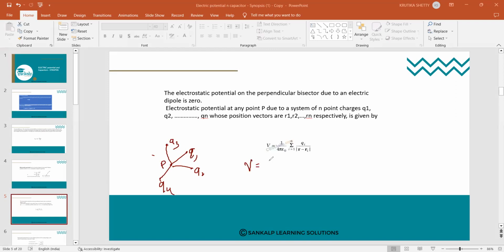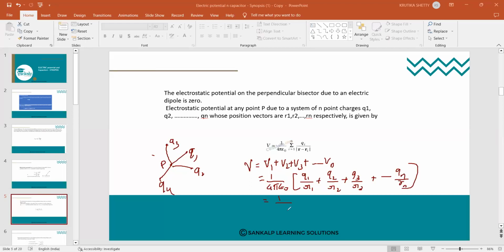The potential is given by V1 plus V2 plus V3 and so on up to Vn, which is equal to 1 upon 4 pi epsilon naught, common for every potential, times Q1 by R1 plus Q2 by R2 plus Q3 by R3 and so on up to Qn by Rn.